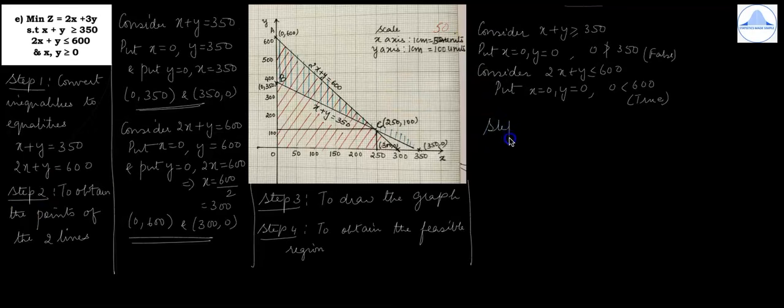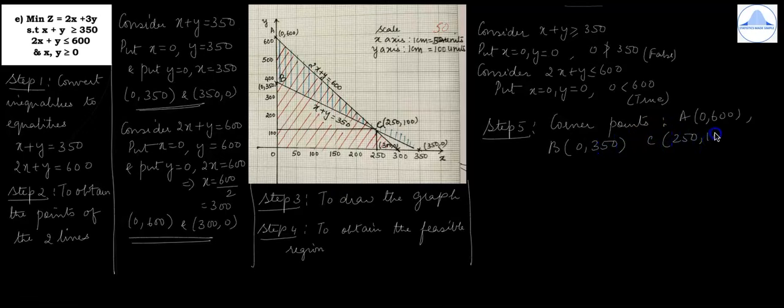Step 5, the corner points. So the corner points are A 0, 600. Then you have B 0, 350. C is 250, 100.